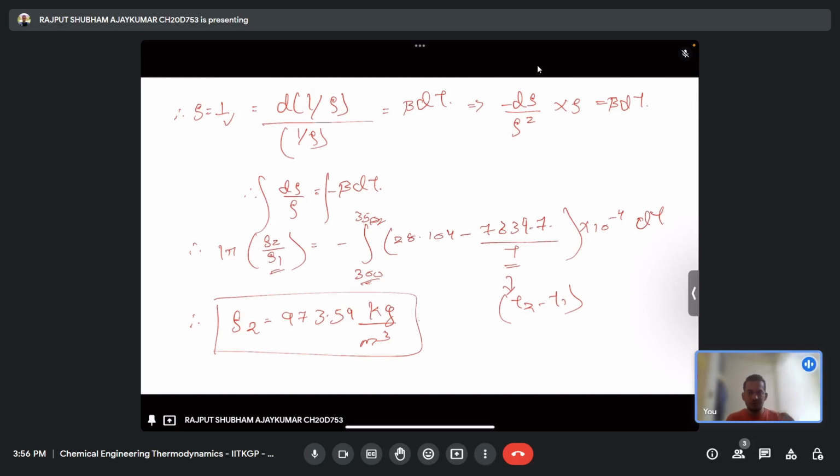Then take the exponential of that term and multiply it with the rho1 value given to us. The final answer is rho2 is 973.59. Okay, so this is how you can use the thermodynamic relationship network or the Maxwell relationships in order to solve a question.